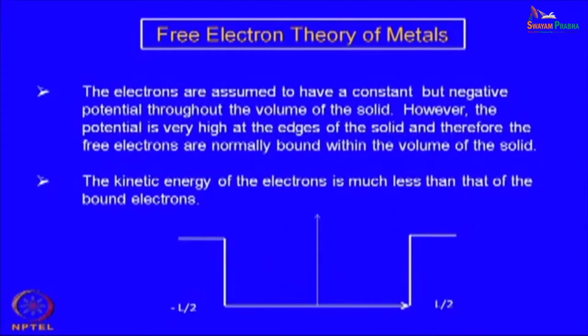The basic assumption here, once again, is that the electrons, the free electrons or the outermost orbit electrons, those are the electrons taking part in the conduction process, are assumed to have a constant but negative potential throughout the volume of the solid.